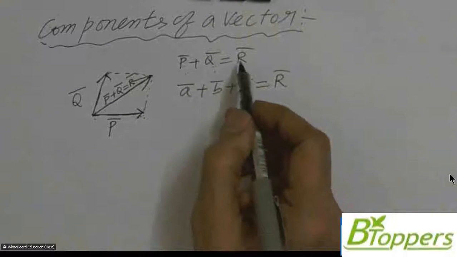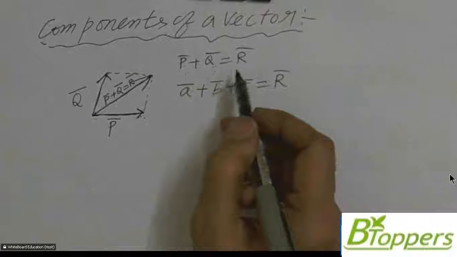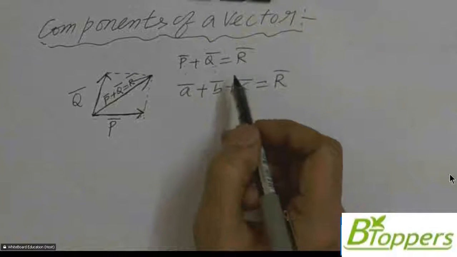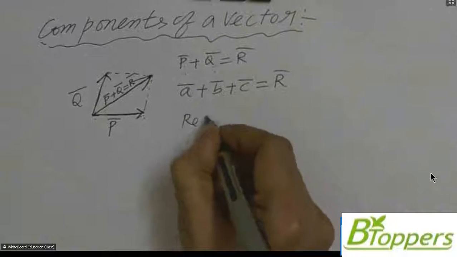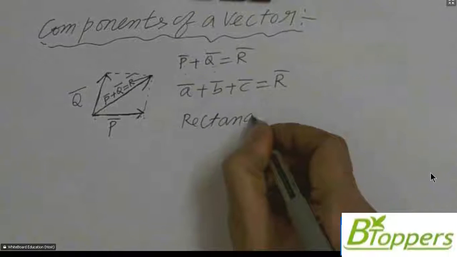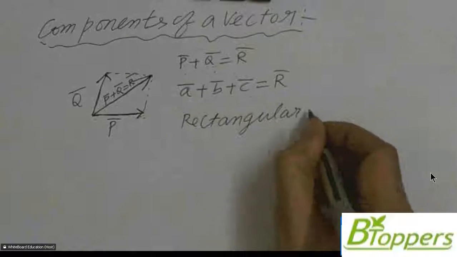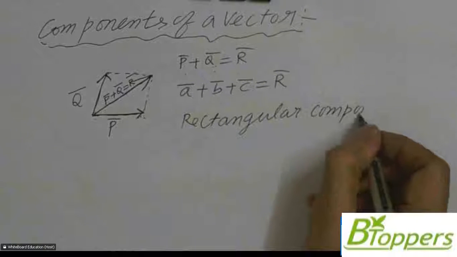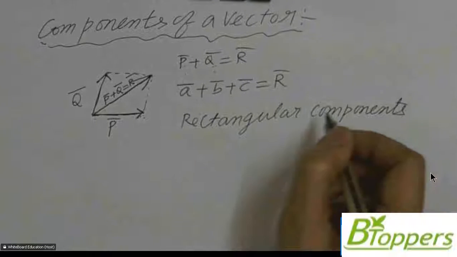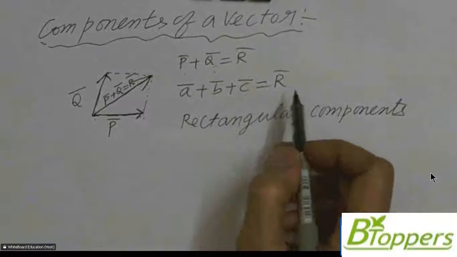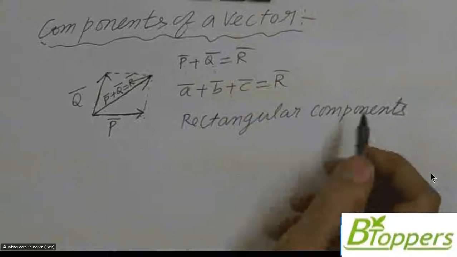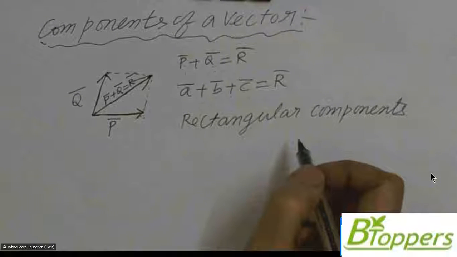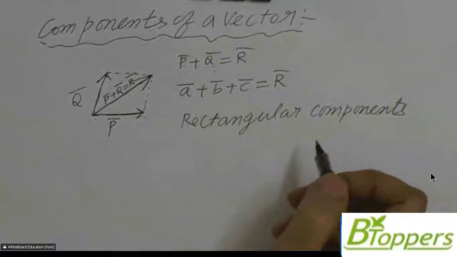If one component of vector r bar is perpendicular to the other component, then the two components are called the rectangular components of the vector.